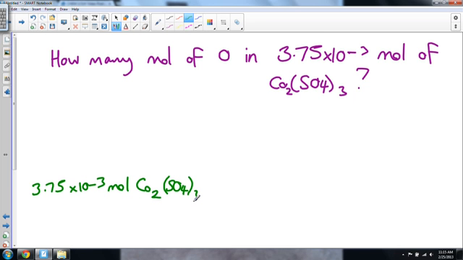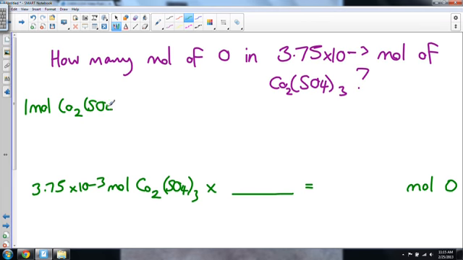So that's what we're starting with. But we want to end up with a number of moles of oxygen. So we need a ratio, a relationship between number of moles of this guy and number of moles of oxygen. So if we write out 1 mole of cobalt-3 sulfate, and I'm writing this out simply so we can come up with a conversion factor that we can then put here.